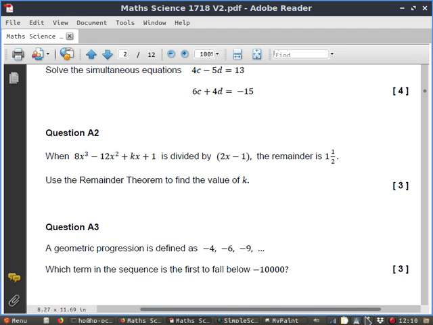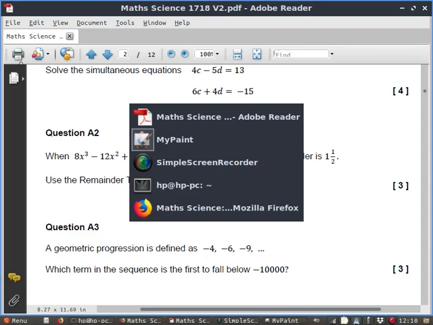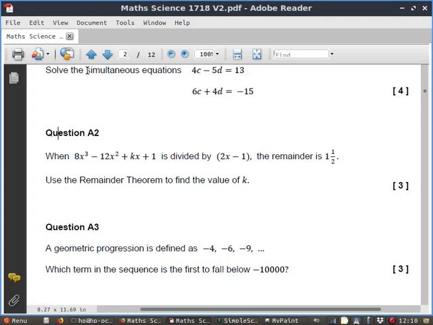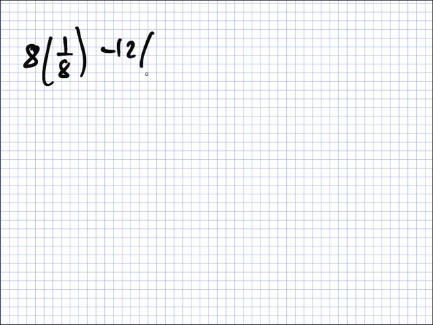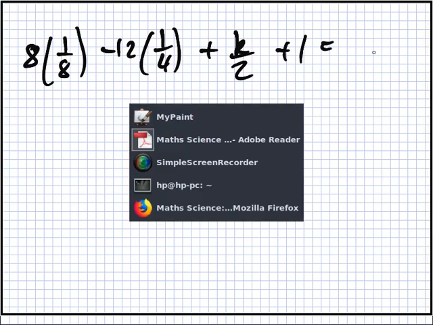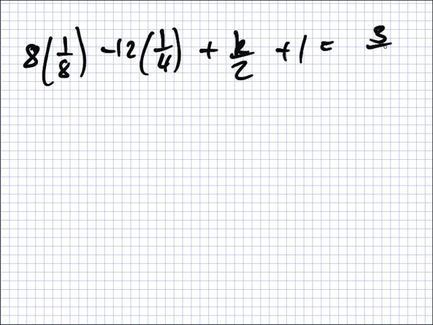Right, so what do you substitute in for x? 1 over 2, isn't it? So let's see, we have 8 times 1 over 2 cubed, which is 1 over 8, minus 12 times 1 over 2 squared, which is 1 over 4, plus k over 2, plus 1, that should equal 3 over 2.